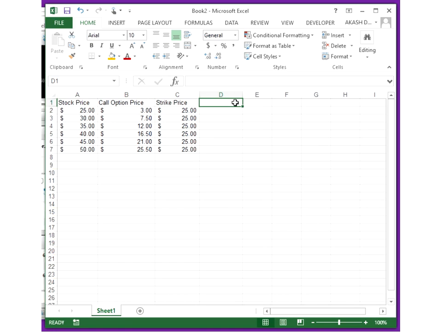So what is then the exercise value? In this case, the exercise value would be the price of stock minus the strike price.